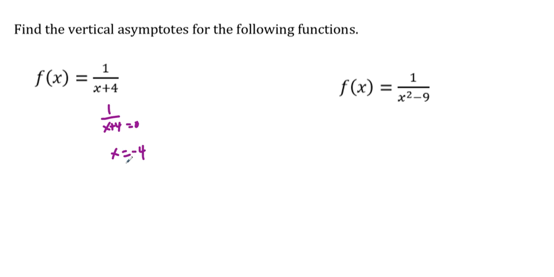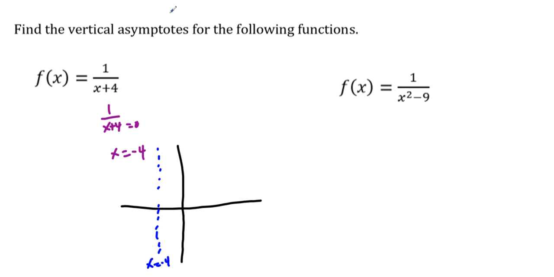So we know the domain restriction is we can't have x at negative 4, but we would have a simple graph. I could draw one real quick. This sketch is probably going to go bad. But this is that parent function we just looked at, shifted left 4. So I'll try and do a dash at x equals negative 4. And we would have the graph come in like this.